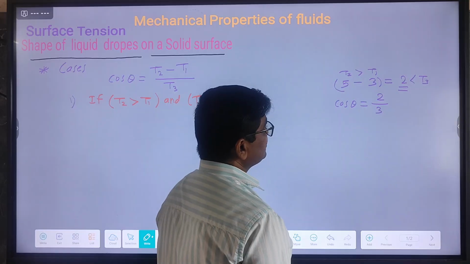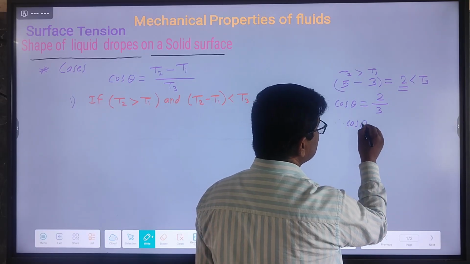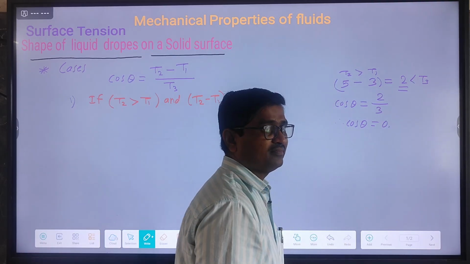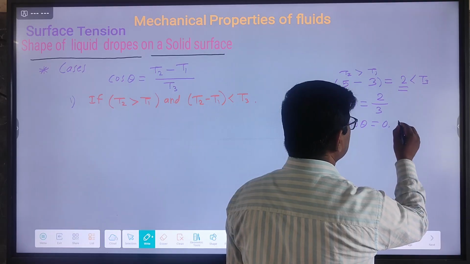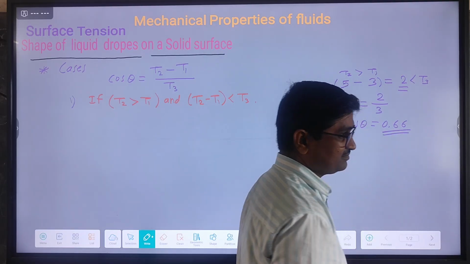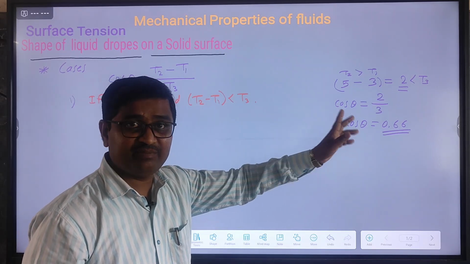You get it clear? So what is the result? So cos theta is equal to 0.3618, near about 0.66. Okay, 0.66, and the value will be positive, theta will be positive.